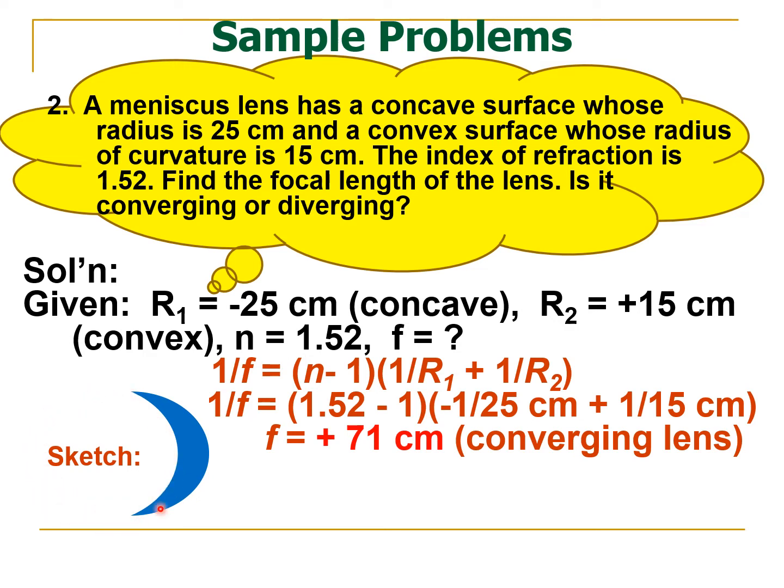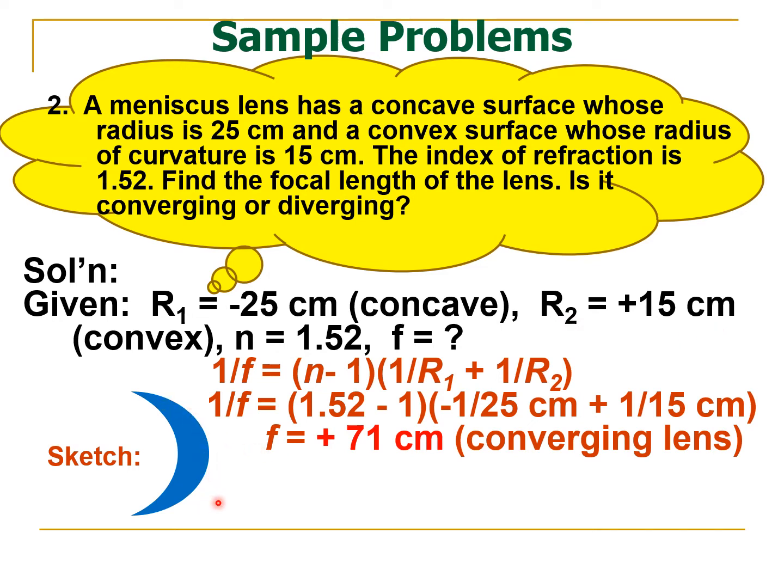While the other surface, the one facing to the right, is a convex surface whose radius of curvature is smaller than that of R1. R2 is 15 centimeters.